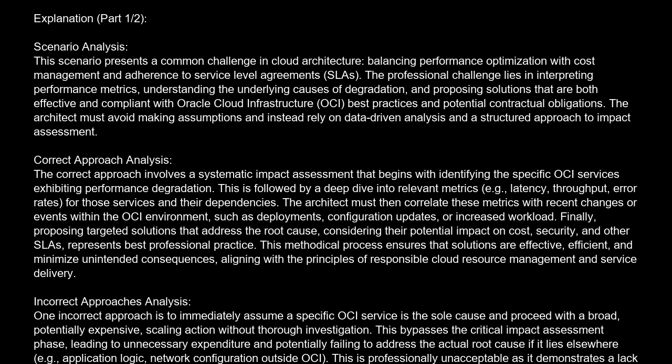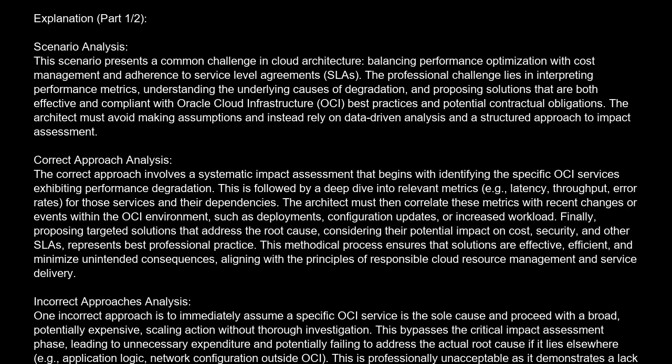Correct approach analysis. The correct approach involves a systematic impact assessment that begins with identifying the specific OCI services exhibiting performance degradation. This is followed by a deep dive into relevant metrics, e.g., latency, throughput, error rates, for those services and their dependencies. The architect must then correlate these metrics with recent changes or events within the OCI environment, such as deployments, configuration updates, or increased workload.